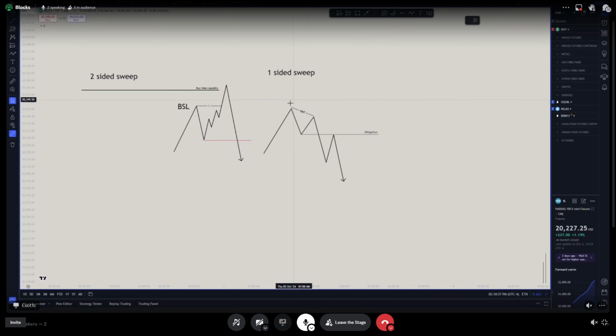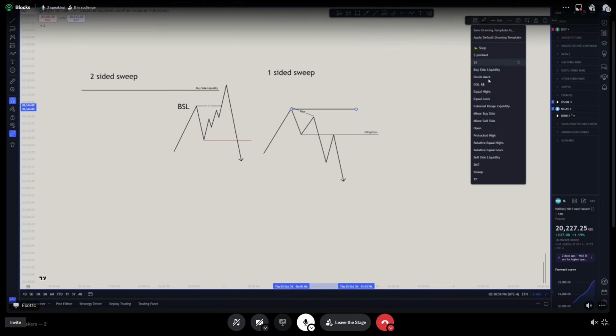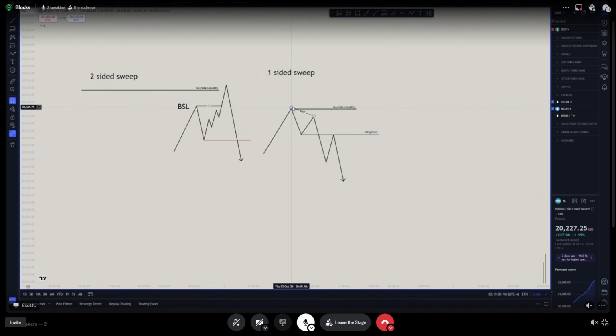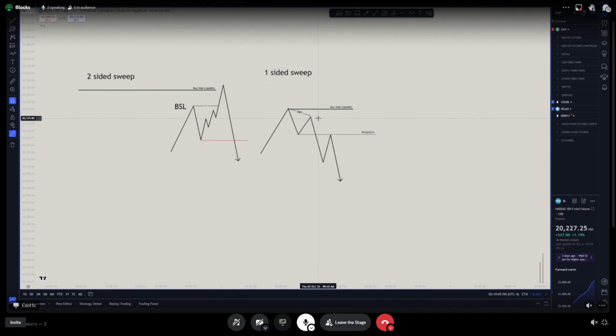So the idea is you're not going to see this high get swept here, and you're going to see that stay open. The ideal scenario and the best case scenario, and the only real time I'm going to take a mitigation block is if we see that SMT here, right? And then we come and take the sell side liquidity here. So this is a one-sided sweep. We only swept the sell side here. This is a two-sided sweep where we sweep the buy side, and then we sweep the sell side, and this is how you differentiate between a breaker and a mitigation.